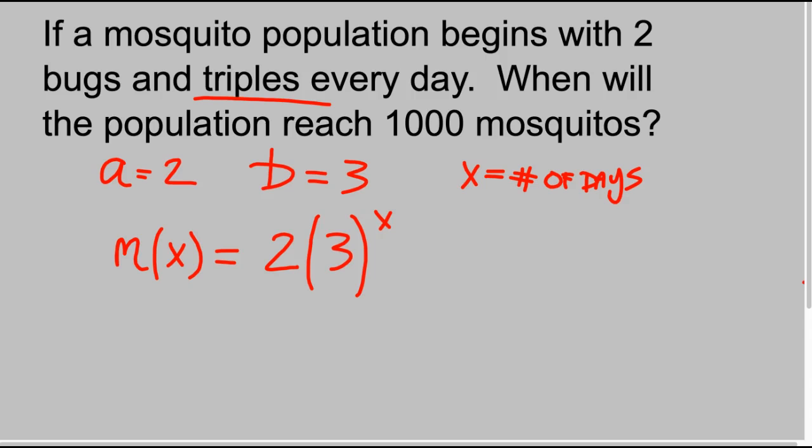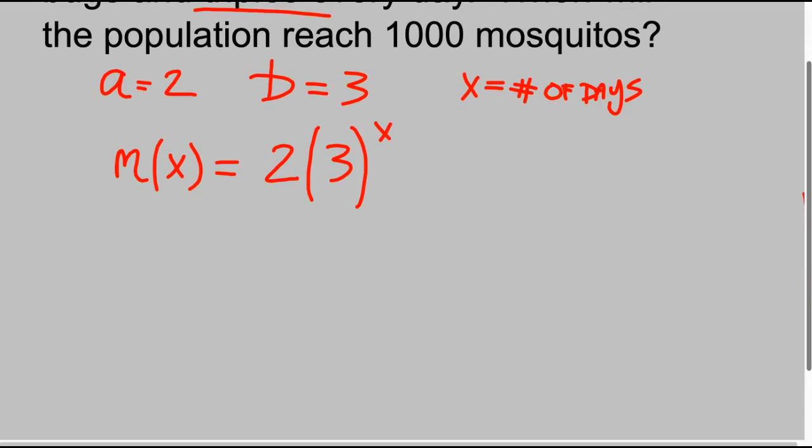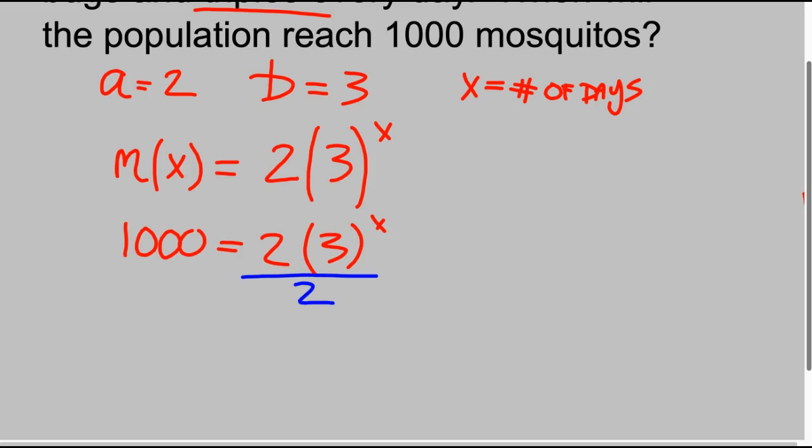And now we want to solve that for when M of X equals 1,000. So we want to know, hey, when is there going to be 1,000 mosquitoes? Wow, this looks familiar. Divide both sides by 2. I want to know when 3 to some power equals 500.